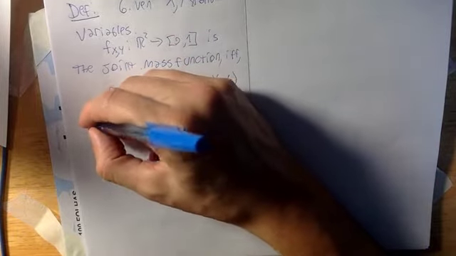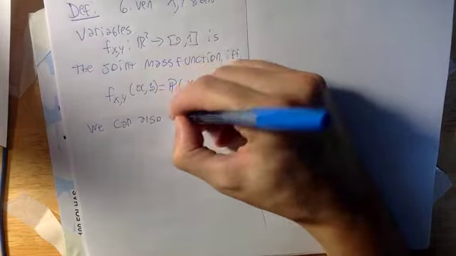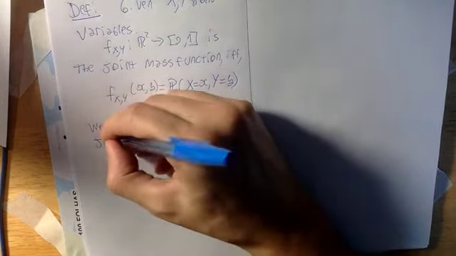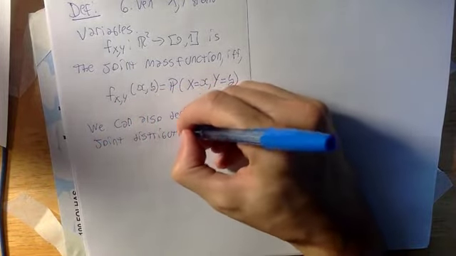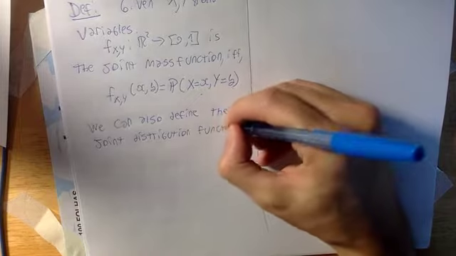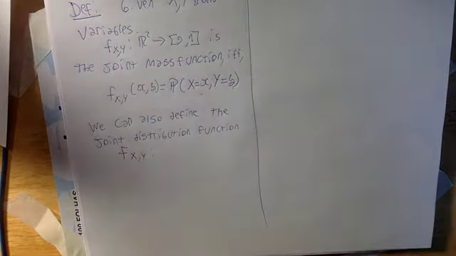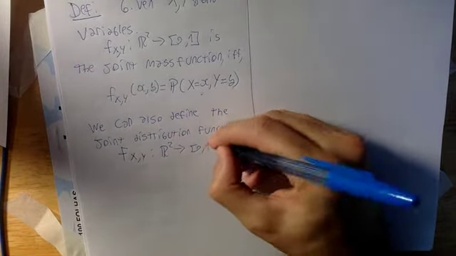So an observation is we can also define the joint distribution function, capital F of x, y, which is also going from R2 to [0, 1].